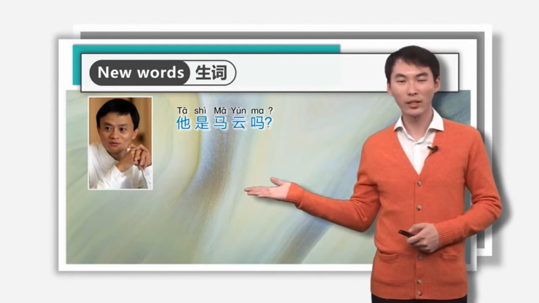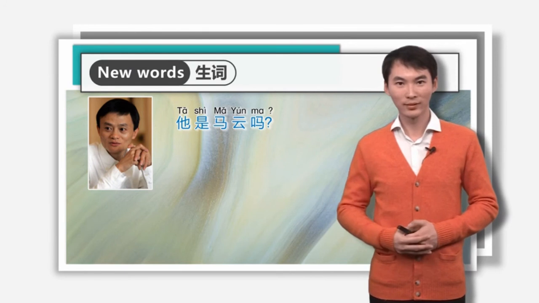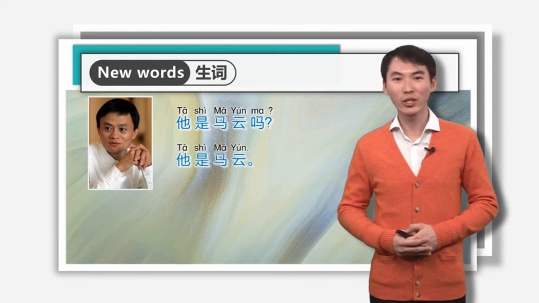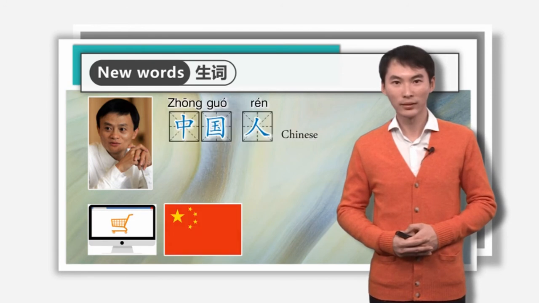Then let's look at this picture. 他是马云吗? Yes, 他是马云. Have you ever heard of Alibaba or Taobao? He is the founder of the Alibaba company. 他是中国人. He is Chinese.